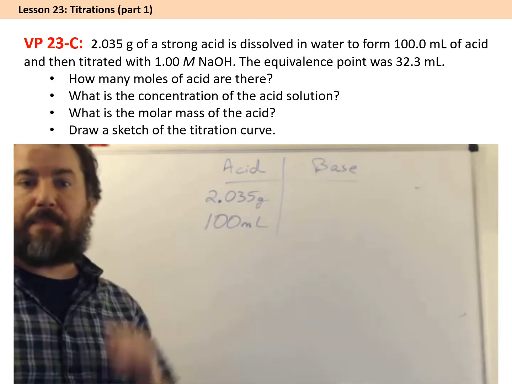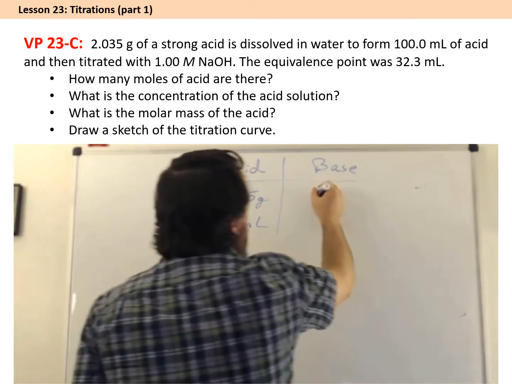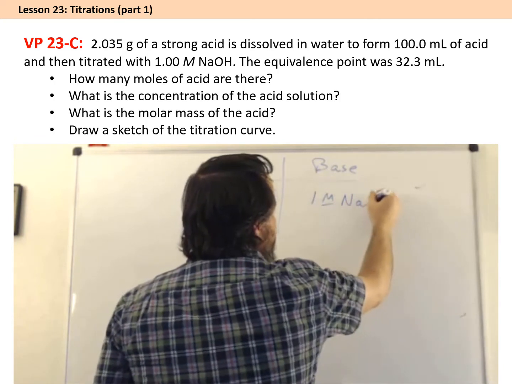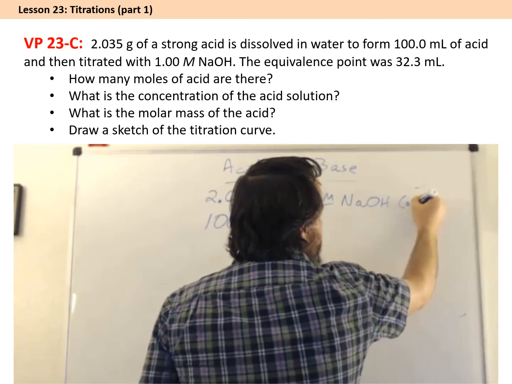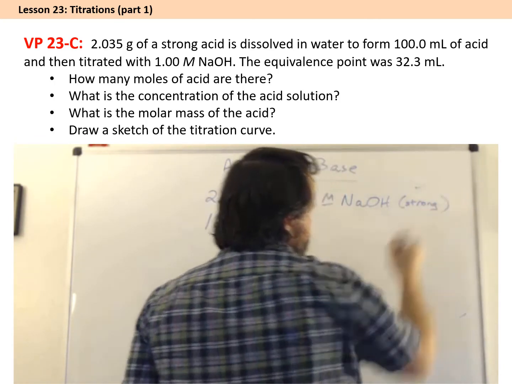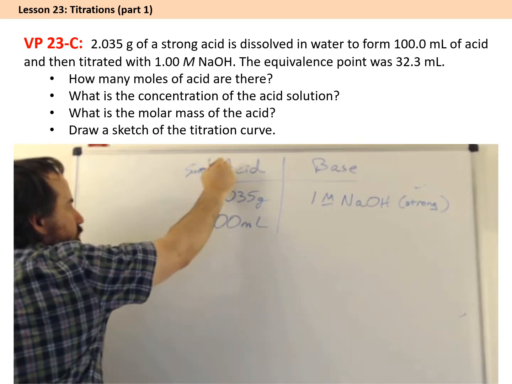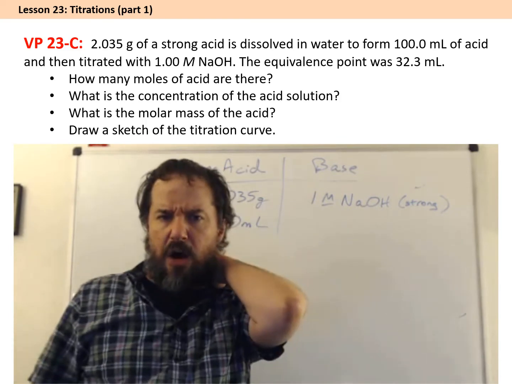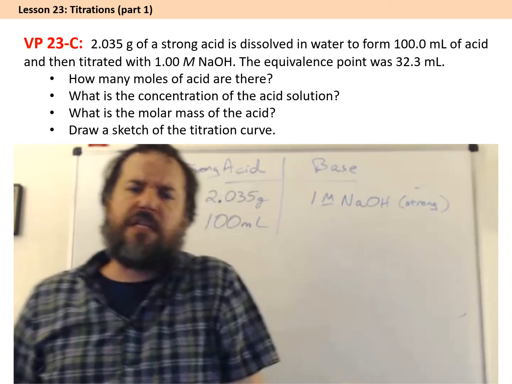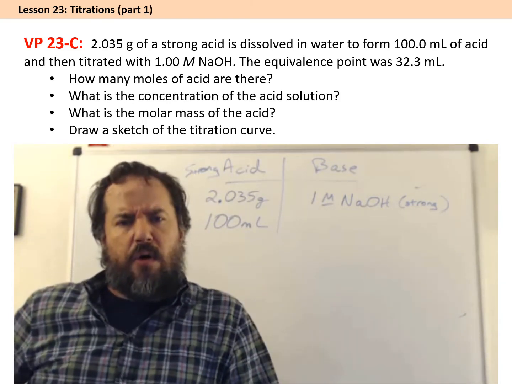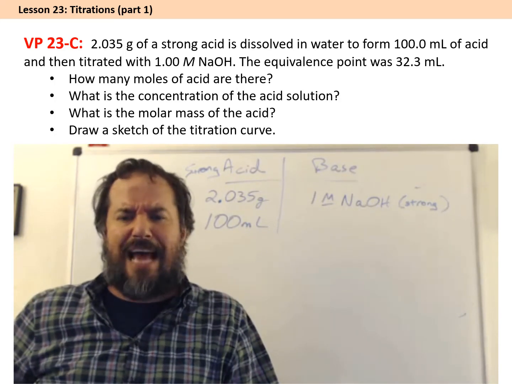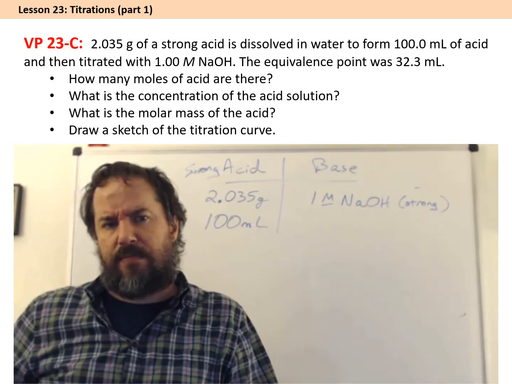Okay. What do we know about the base? We know it's 1 molar NaOH. That's a strong base. Okay, this is a strong acid because it tells us it's a strong acid. Okay, what else do we know? We're told the equivalence point. Well, what is that equivalence point? Is that acid or base?